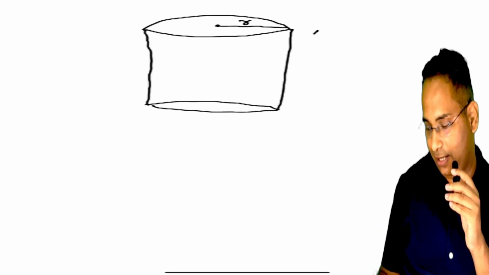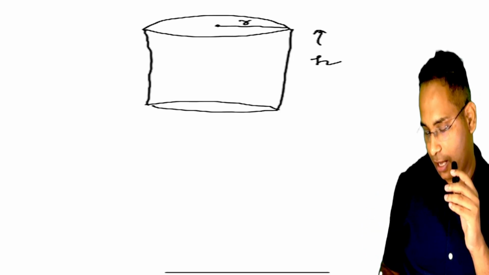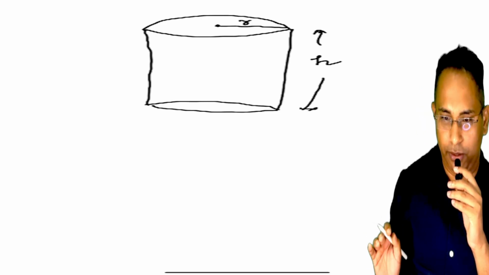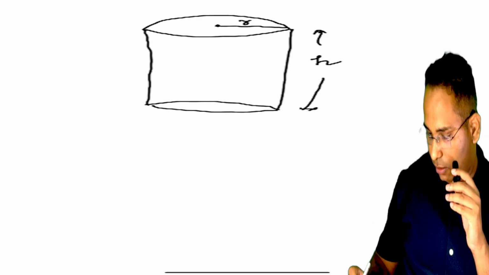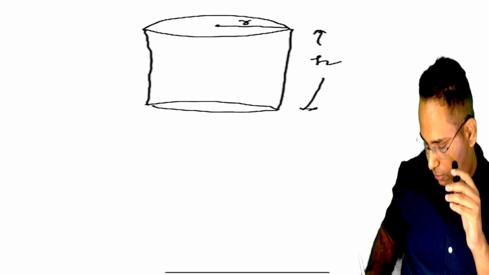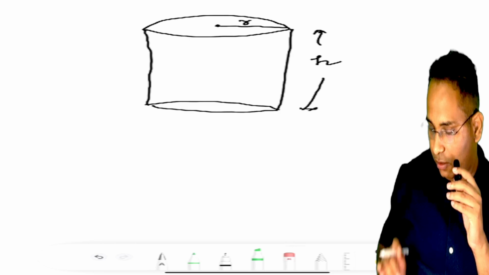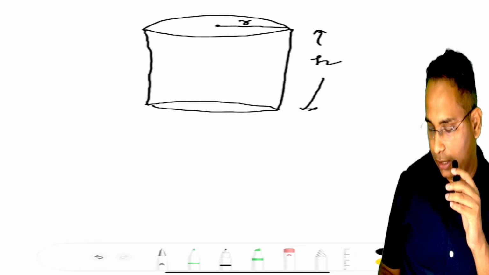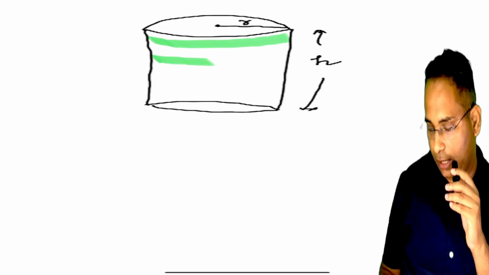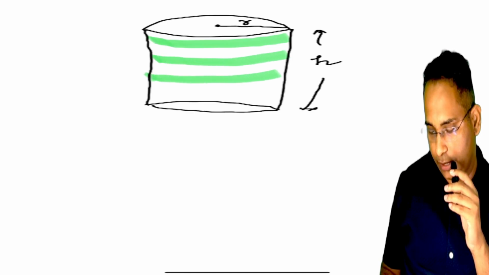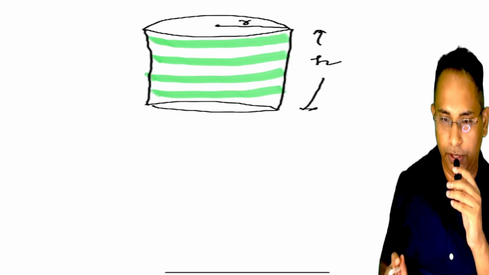And this is the height. Done. I will highlight one more thing. This area is known as the curved surface area, the curved surface area of the cylinder.